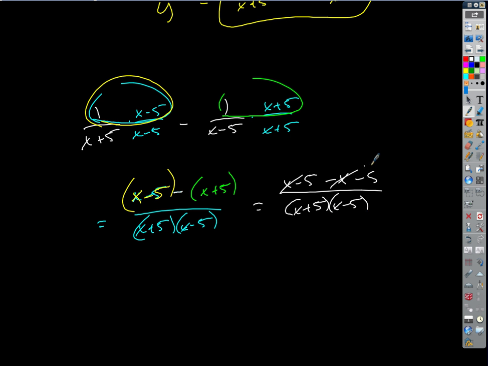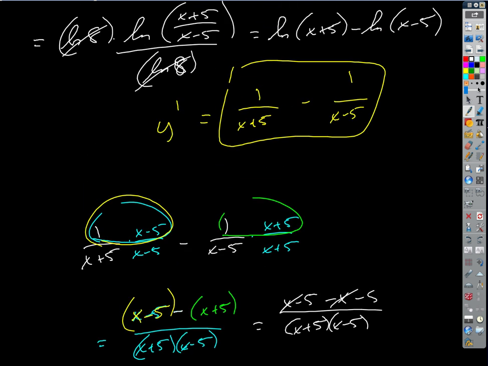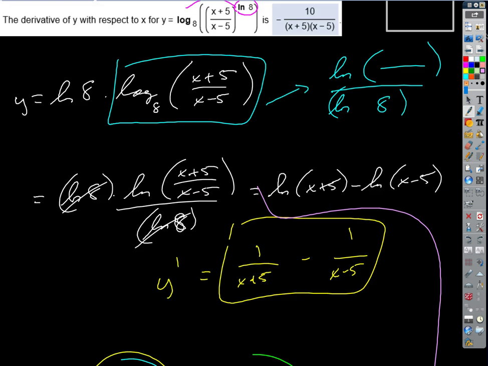And so the x's cancel, and I end up getting that guy, there it is. Took a circuitous route to get there, but I got there. All right, so everybody see that? There's my negative out front, my negative 10.